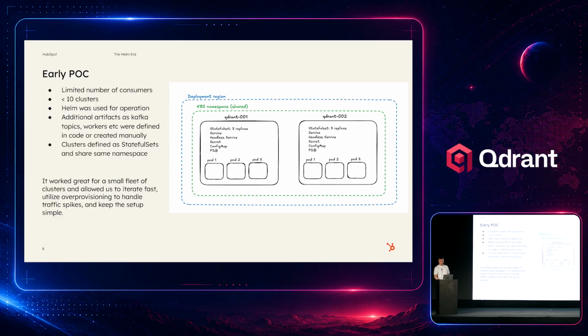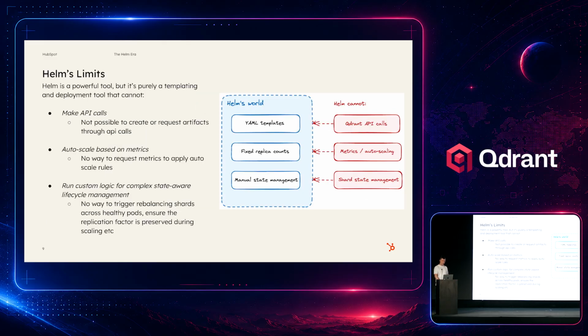As you see on the diagram, in a single deployment region we had the same shared Kubernetes namespace used across all clusters. It worked great for a small fleet of clusters and allowed us to iterate fast and keep the setup simple. As always, the platform grew and the number of use cases grew, and we started hitting Helm's limits.